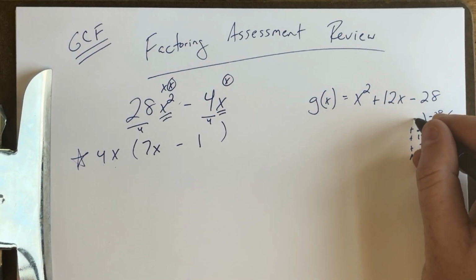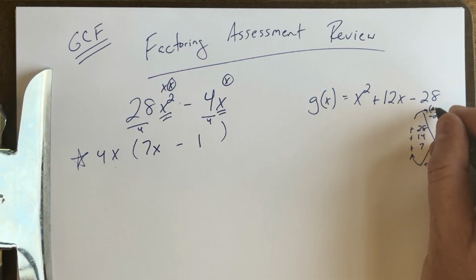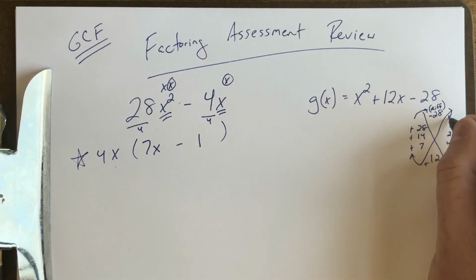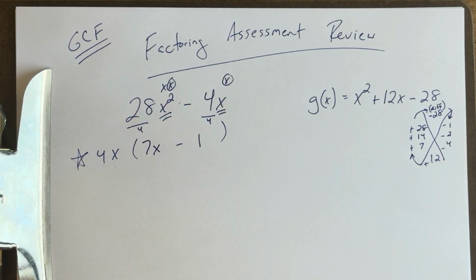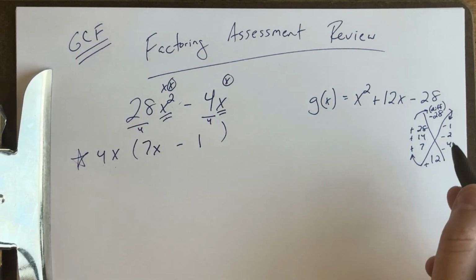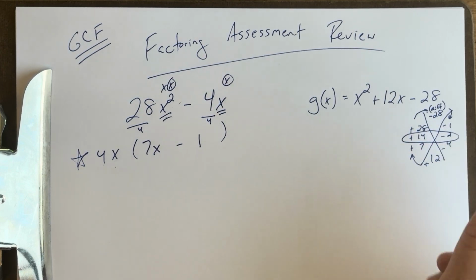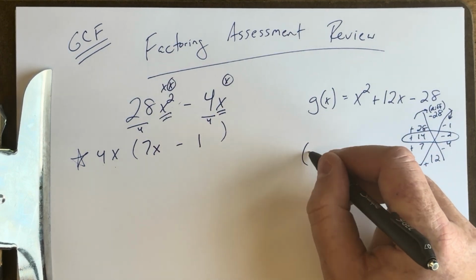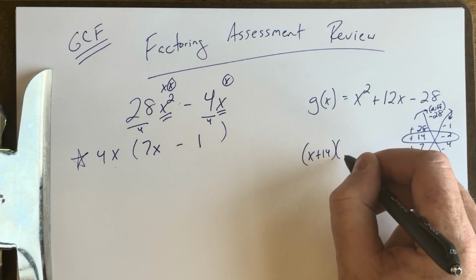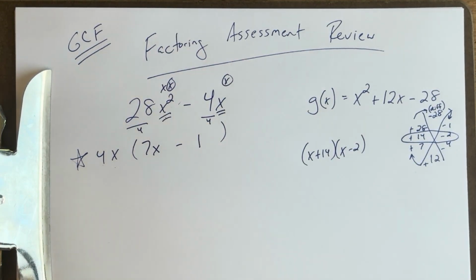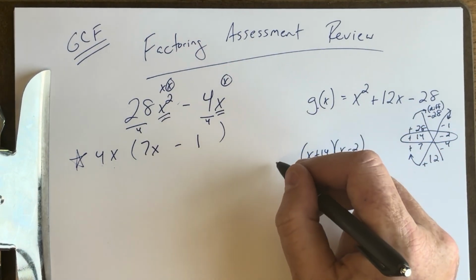This is negative, which means they're going to be different. Which combination adds up to be positive 12? It would be positive 14, negative 2. So you just basically look for the one that says x plus 14, x minus 2. There's my answer.